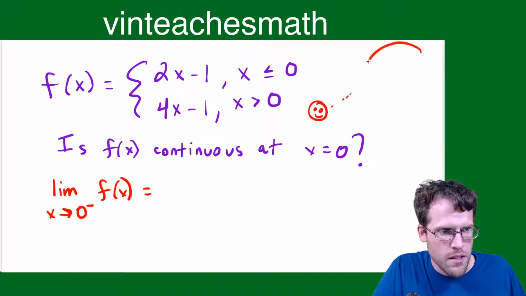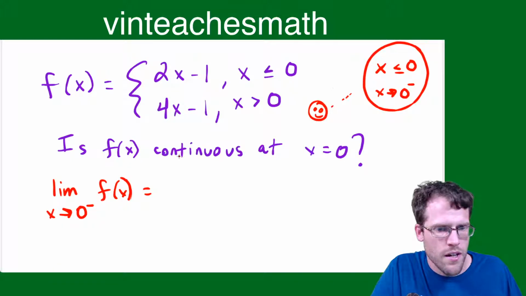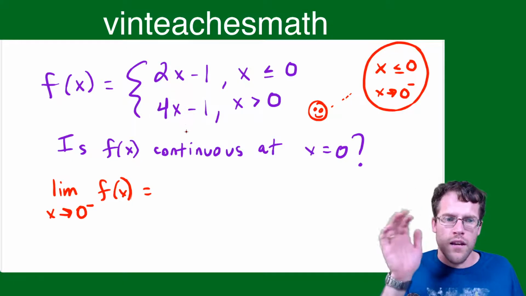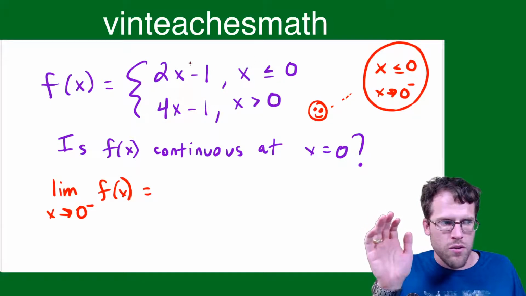This is our thought process. Just know that x less than 0, or even less than or equal to 0, either one, corresponds to x approaching 0 on the left side. So if we're approaching 0 from the left, we associate it with the top piece and we plug in 0 to the top.